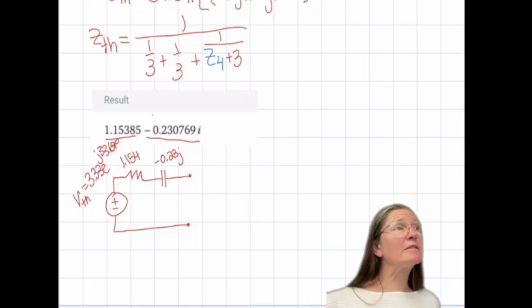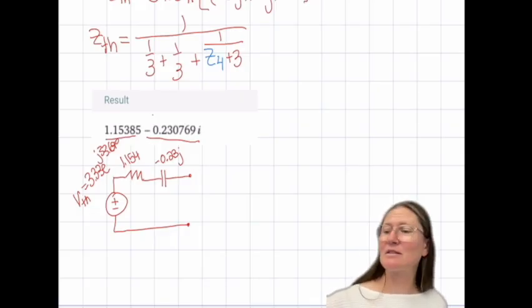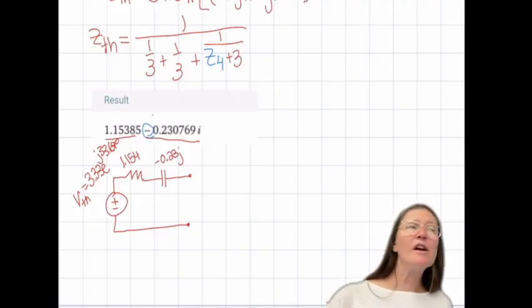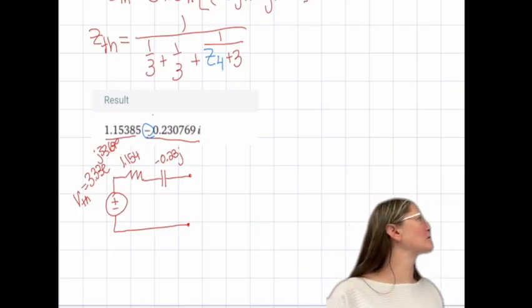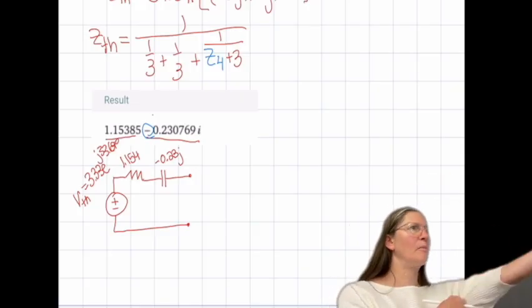If it's a plus, it will be an inductor, and the negative is because it's a capacitor. So negative and plus will determine what element it takes in that form.